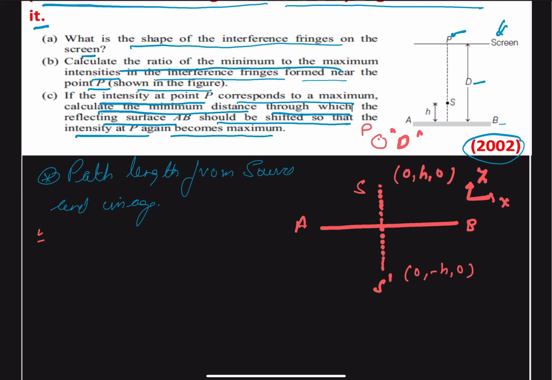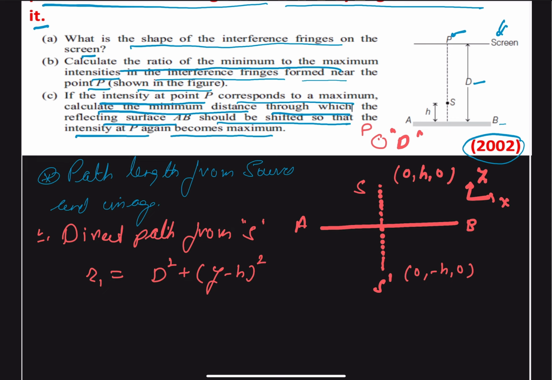The direct path from S, let us call that R1, will be equal to square root of d square plus (y minus h) square plus z square.